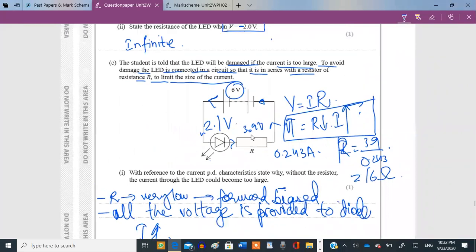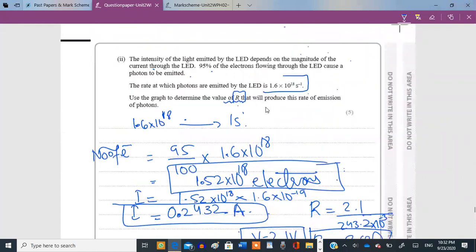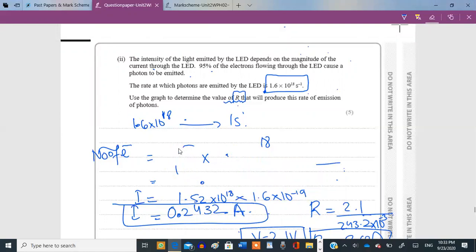Okay. So now what you need to do is follow these steps. First of all, they gave you the number of photons which are emitted per second. If this many photons are emitted per second, how many electrons will be passing? The number of electrons flowing over here are just 95% of them, right?